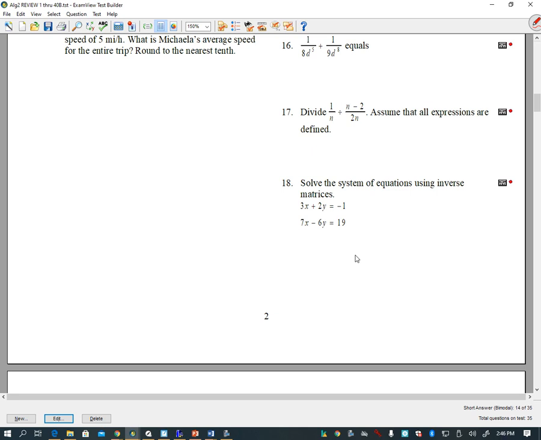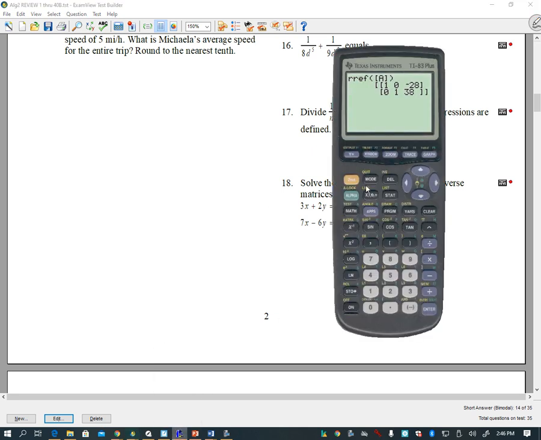Okay. So I'm going to set it up. We're going to do an RREF. Okay. So second matrix. Now, can you help me and tell me what to do in here? Okay, so the first thing we're going to do is we're going to edit.